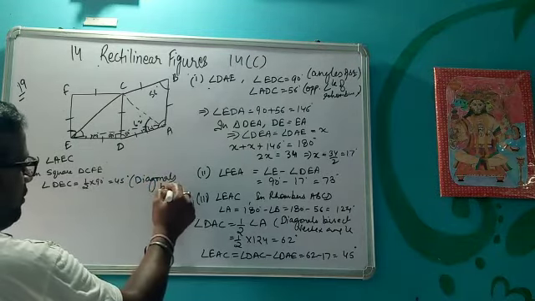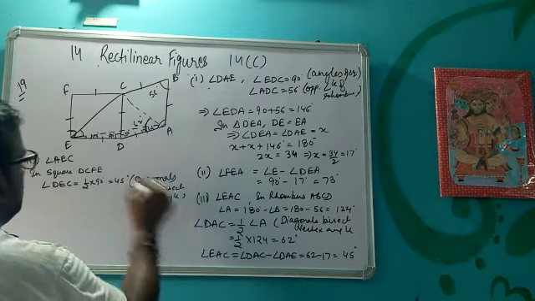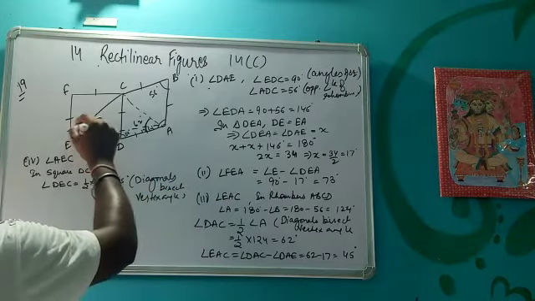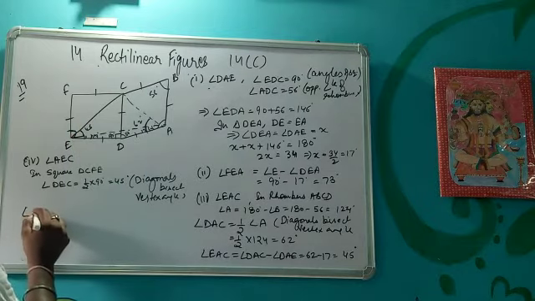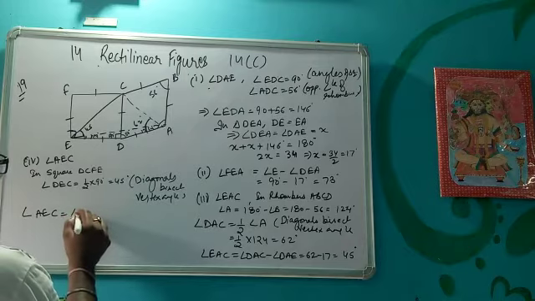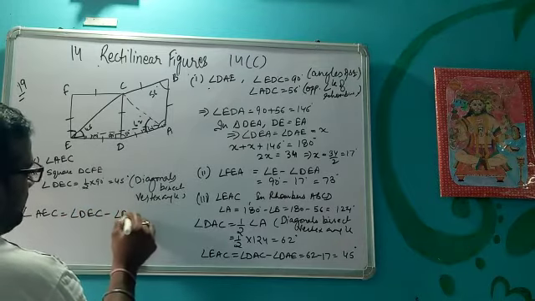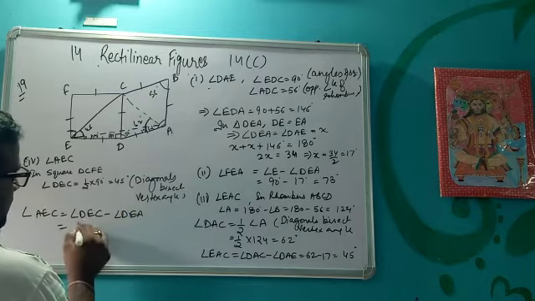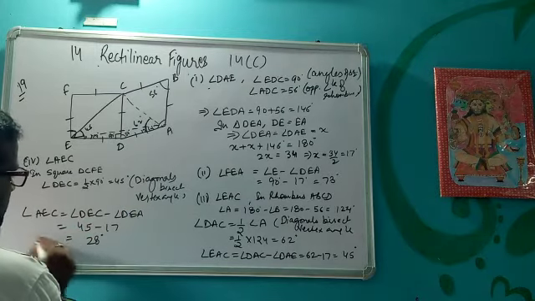So the same reason will be there. So this whole becomes 45. So angle AEC will be angle DEC minus angle DEA. That is 45 minus 17, 28 degrees.